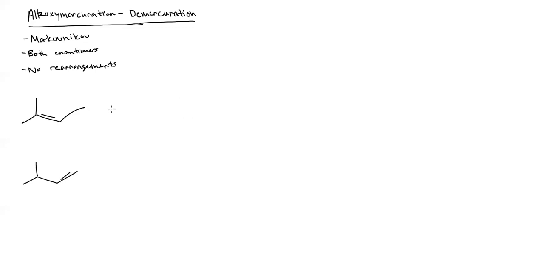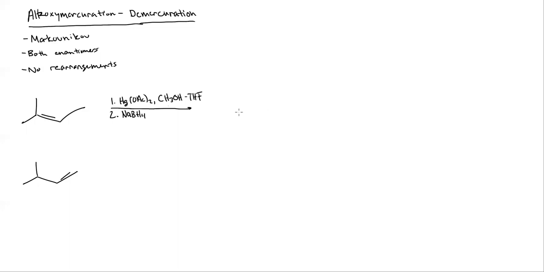The only difference is that I still use my HgOAc2, but instead of water and THF, I have an alcohol. In this case, I'm going to use methanol, but you can use any alcohol: propanol, butanol, isobutanol, isopropanol, anything. And then the second step is NaBH4. So you'll notice everything's the same. Water just changed to an alcohol.